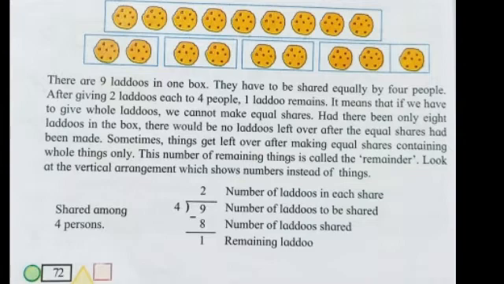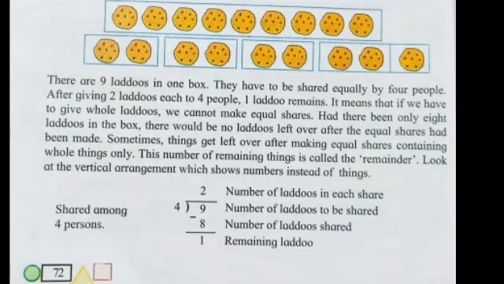Now see, children, there are 9 laddus in one box. They have to be shared equally by 4 people. After giving 2 laddus each to 4 people, 1 laddu remains. It means that if we have to give whole laddus, we cannot make equal shares.